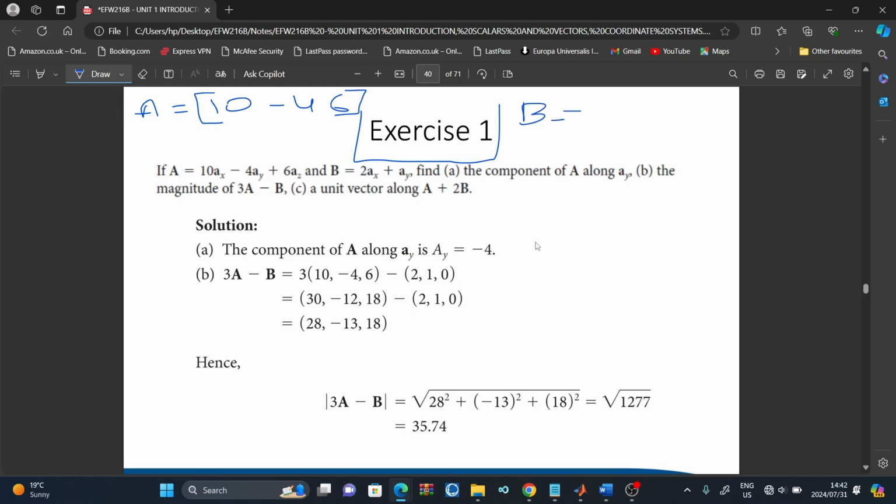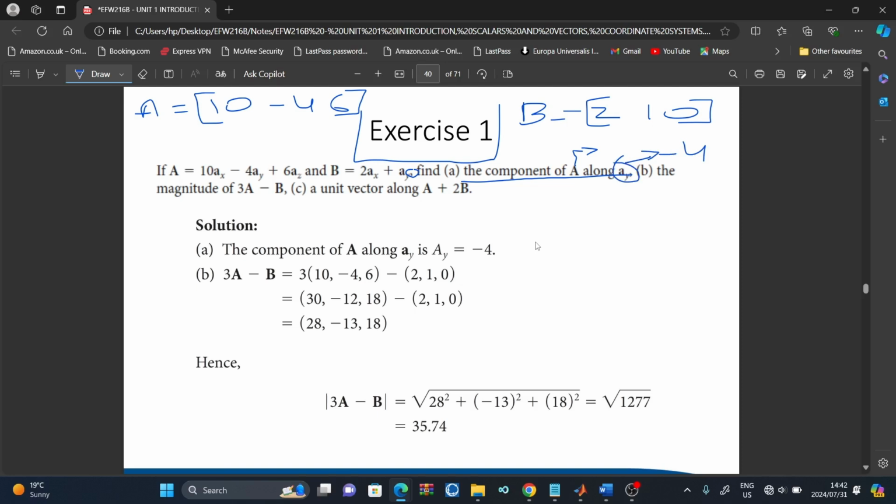Then for B, your x component is 2, y component is 1, and there is no z component, so that's 0. They ask the component of A along y, so they're just asking the coefficient of A in y, which is -4.